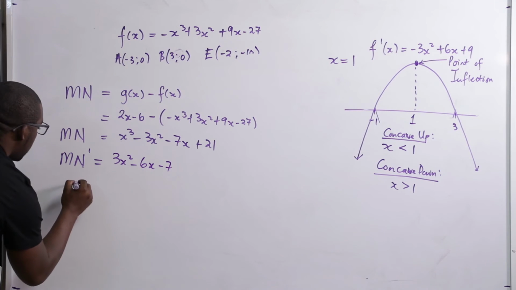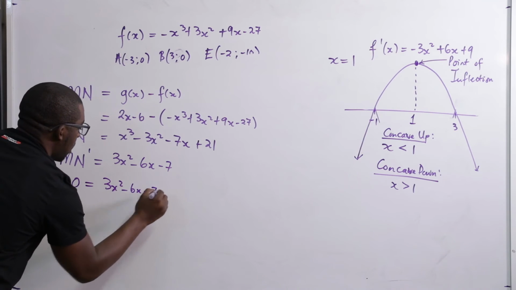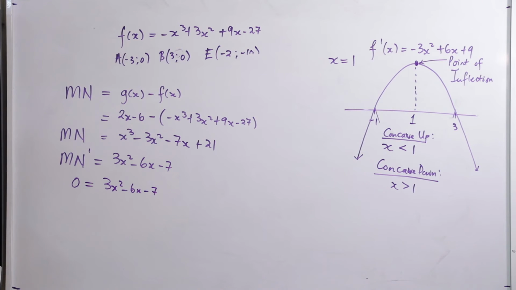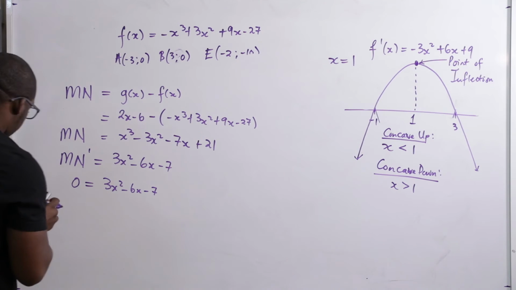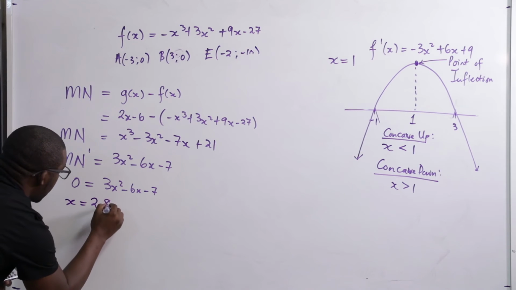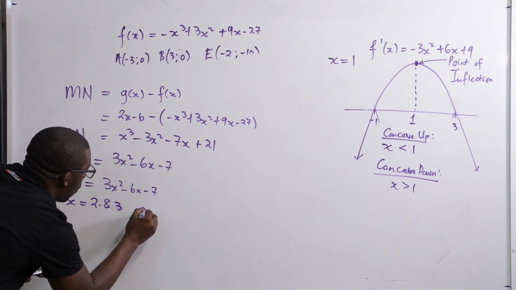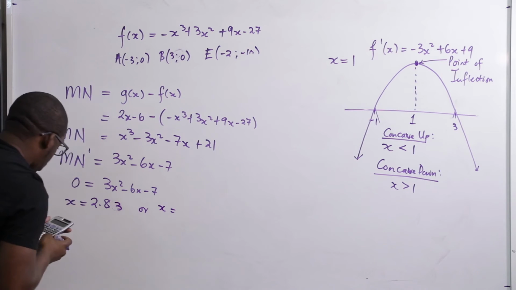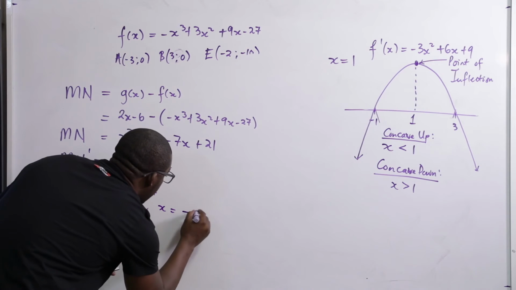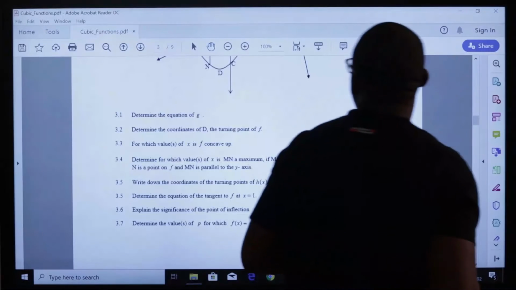I equate this to 0. 0 is equal to 3x squared minus 6x minus 7. x is equal to 2.83 or x is equal to negative 0.83. Those are the x values.